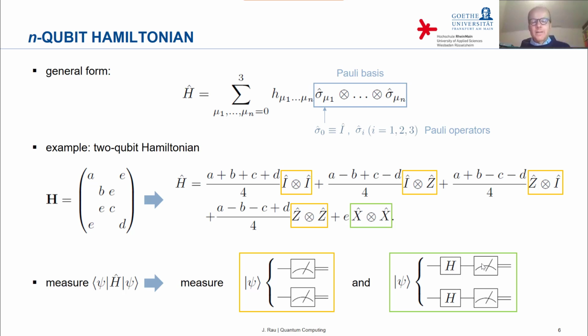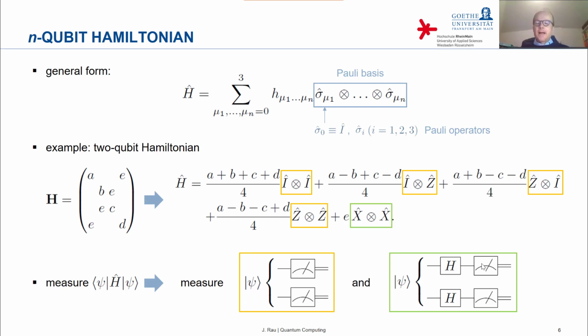And that rotated axis then measures Pauli X. So in a circuit, that is the little setup in the green box that allows us to measure the tensor product of two Pauli X's.